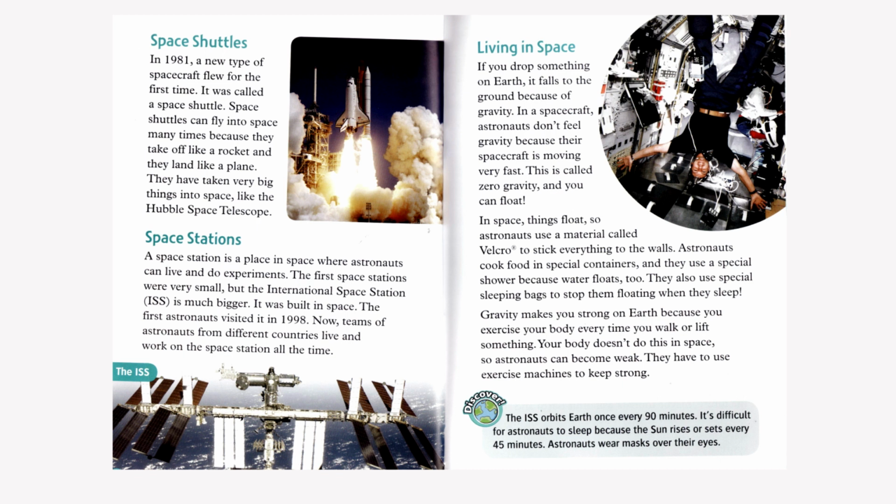In space, things float, so astronauts use a material called Velcro to stick everything to the walls. Astronauts cook food in special containers, and they use a special shower because water floats too. They also use special sleeping bags to stop them floating when they sleep.